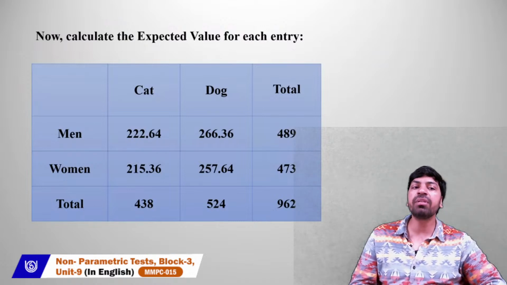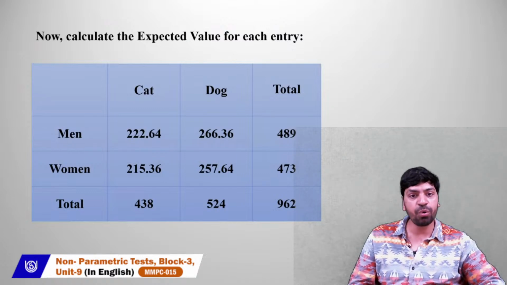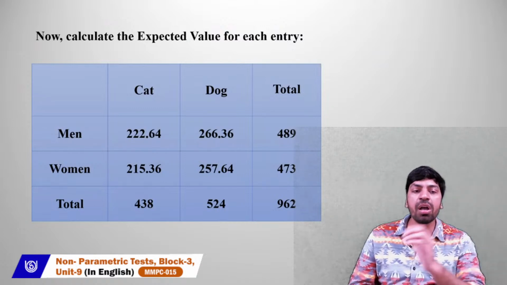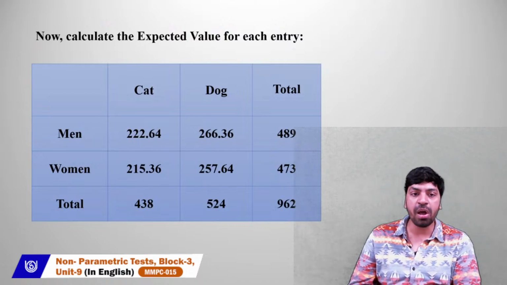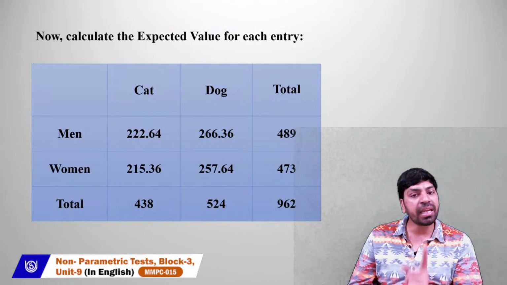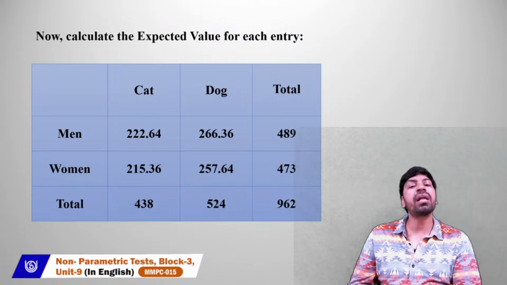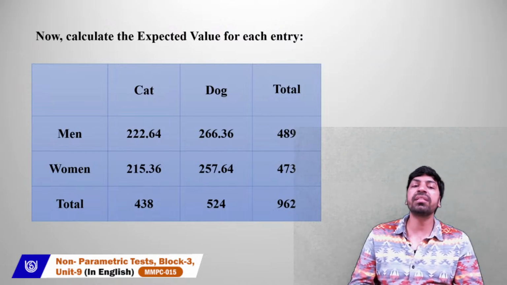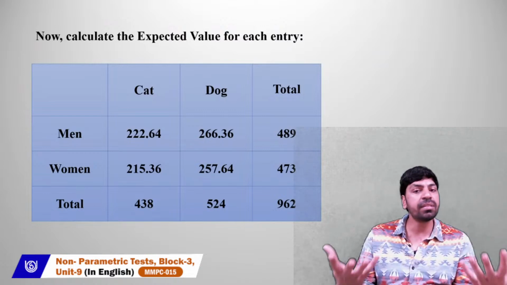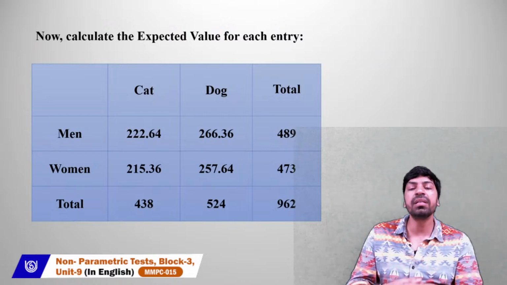Looking at the men, the expected frequencies are 222.64 and 266.36. When we talk about the second row first column, that is 215.36, and second row second column, that is 257.64. These are all expected frequencies, and the totals remain the same as given in the previous slide.